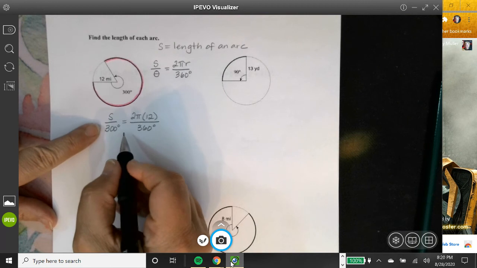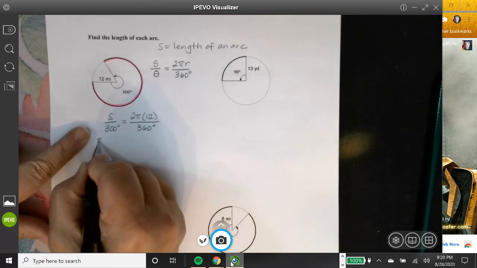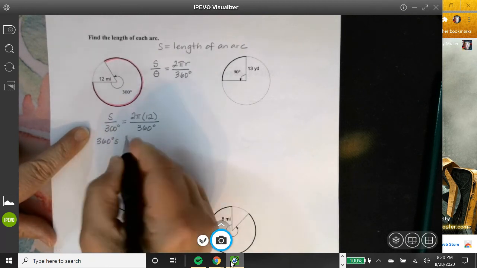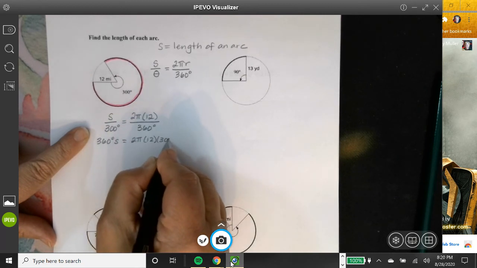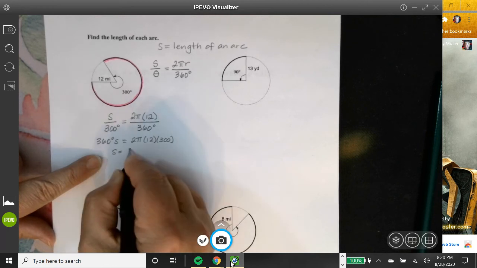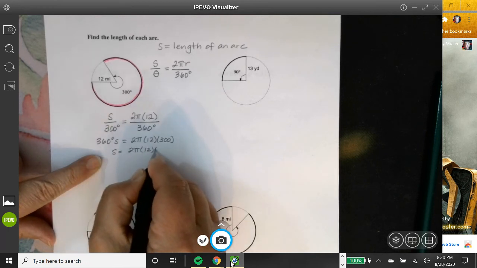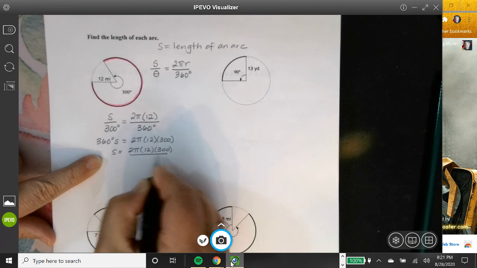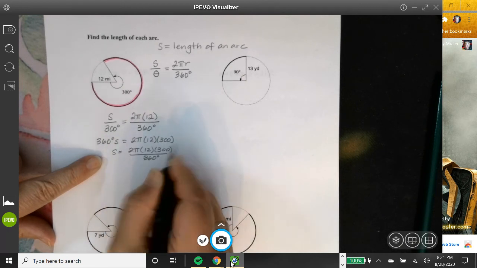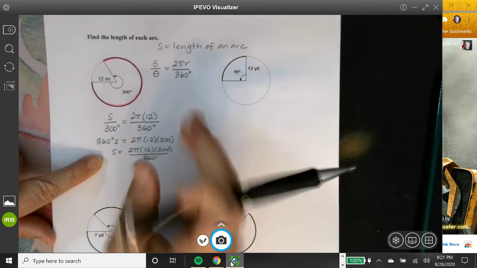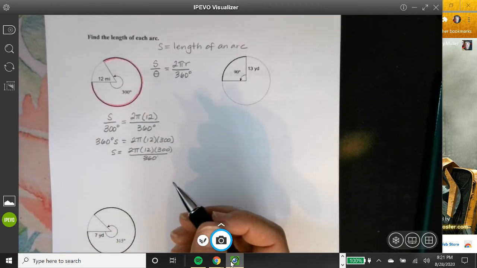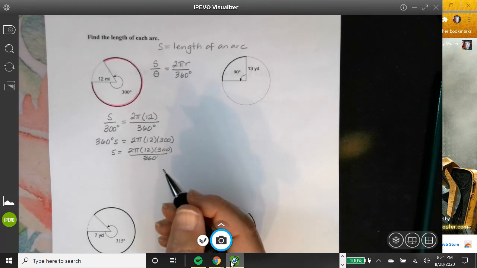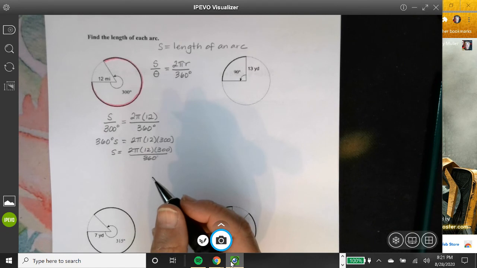Now to solve this equation, I'm going to cross multiply, so I get 360 degrees times S equals 2 pi times 12 times 300. And so S equals 2 pi times 12 times 300 all over 360. I'm going to drop the degrees because I might think that's a 0. Now, I like to reduce instead of multiplying it all out.